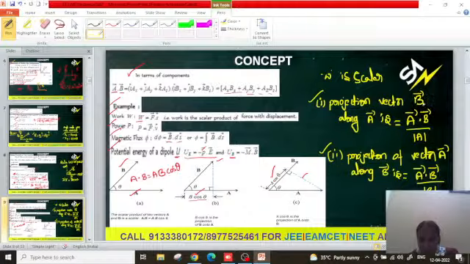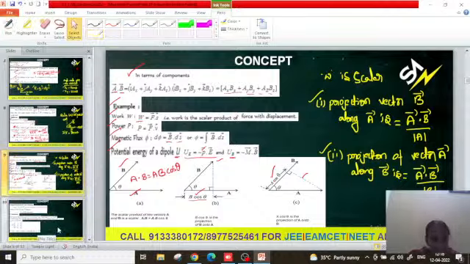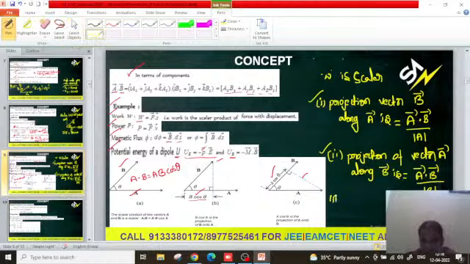Projection of vector B means you need to find B cos theta, that is equal to A bar dot B bar by magnitude of A. Projection of vector A bar along B bar is A cos theta, that is equal to A bar dot B bar by magnitude of B. Let me add one more point in the properties of dot product.